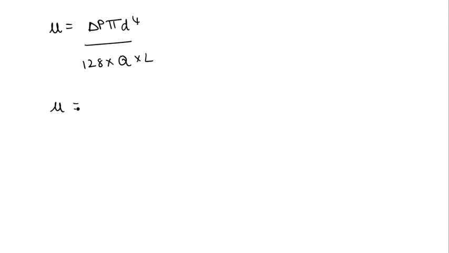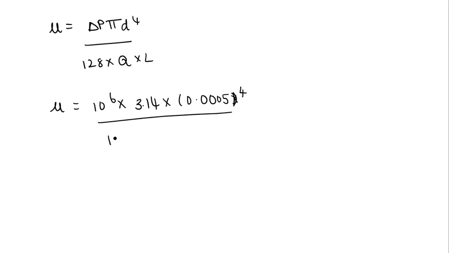So apply all the values. Del P value is 10 to the power 6, pi is 3.14, d is 0.0005, that is 0.5 into 10 to the power minus 3, to the power 4, divided by 128 into Q value, which is around 10 to the power minus 6, L is 1.5.